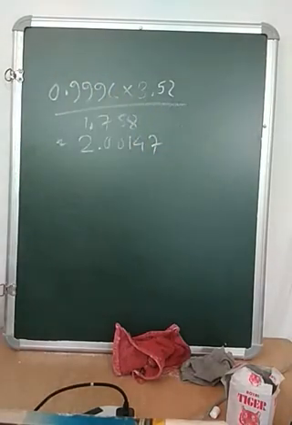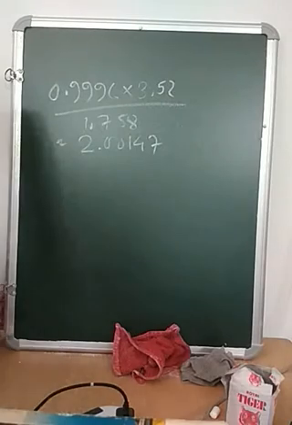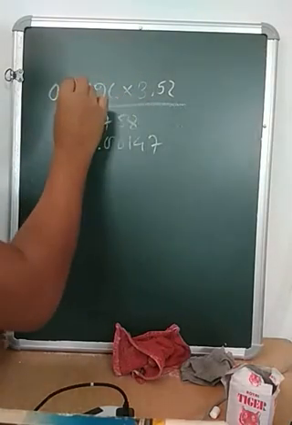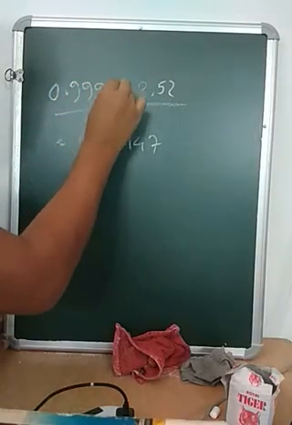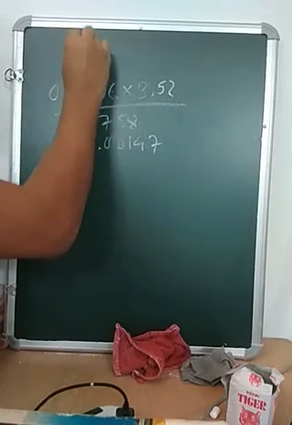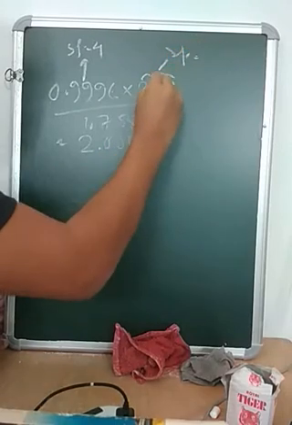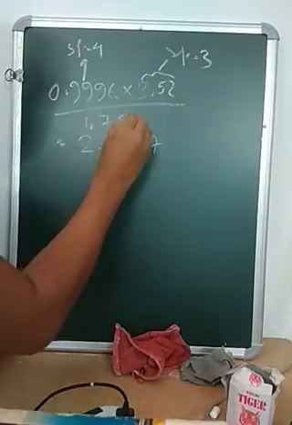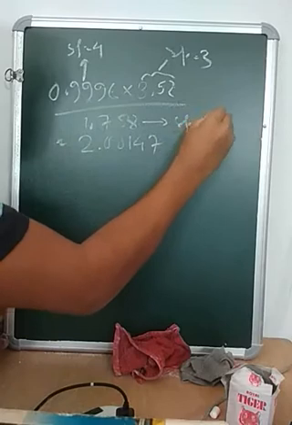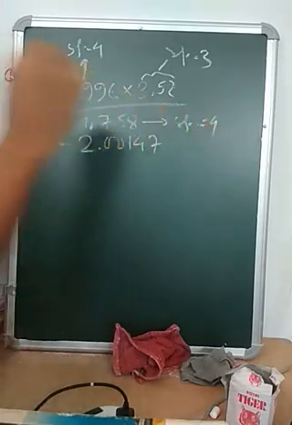This is the answer. So we have to see the number of significant figures. In the first term it is 1, 2, 3, 4, so 4 significant figures. How many significant figures in this? It will be 3. How many significant figures in this number? Equal to 3, 4.